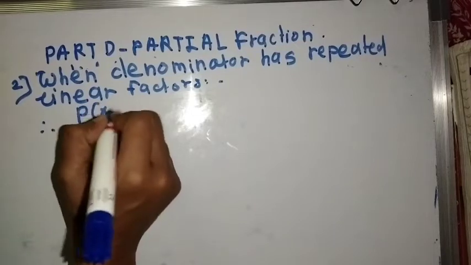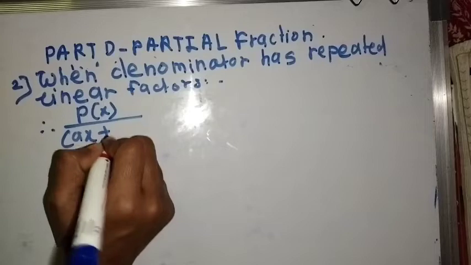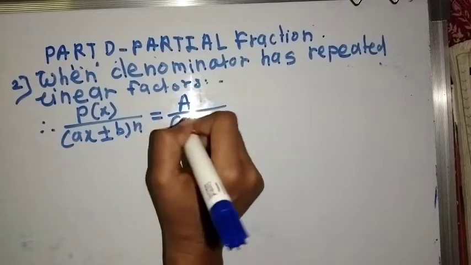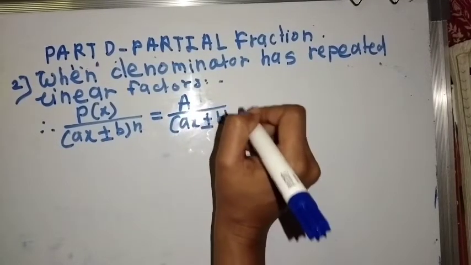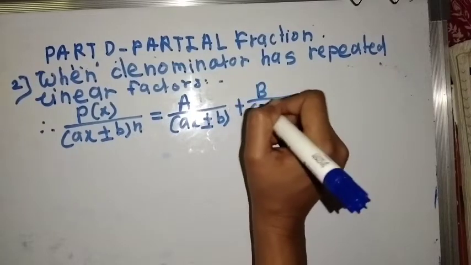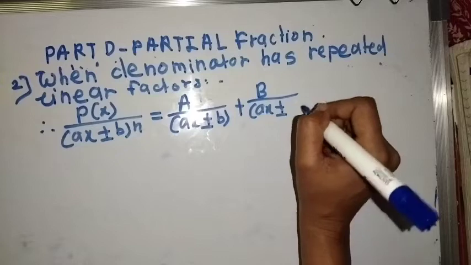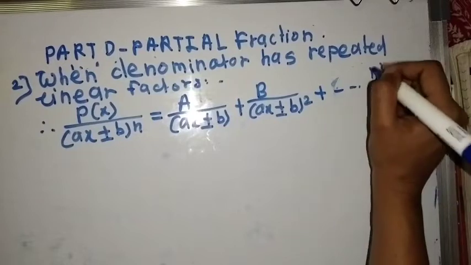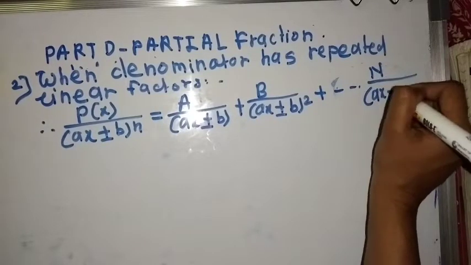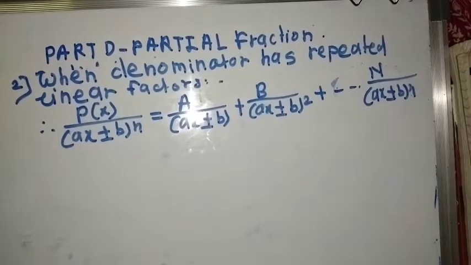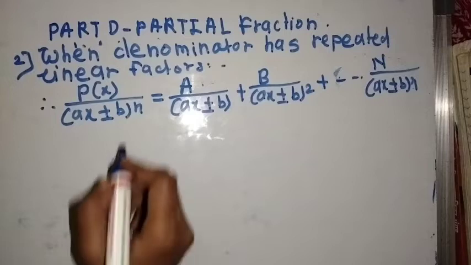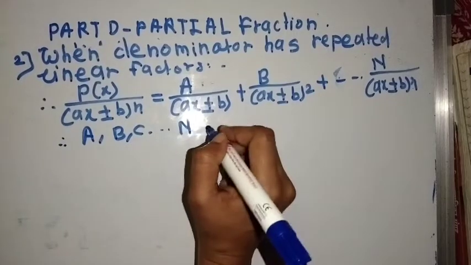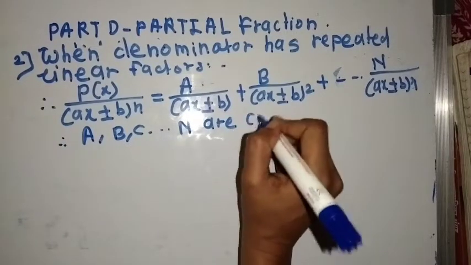Suppose P of x upon (ax plus or minus b) raised to n is equal to A upon (ax plus or minus b) plus B upon (ax plus or minus b) squared, and so on up to N upon (ax plus or minus b) raised to n, where A, B, C up to N are constants.